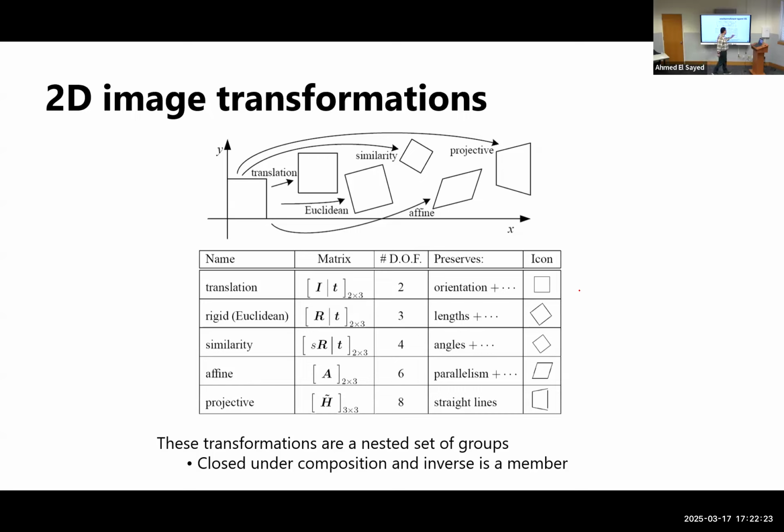One of them is called the rigid transformation, or the Euclidean. It is similar to the affine, where it has rotation followed by translation.